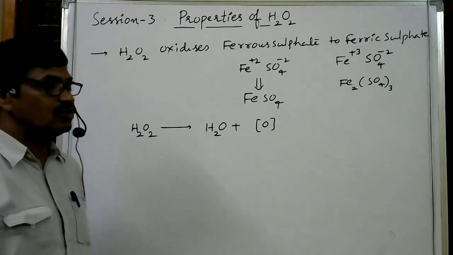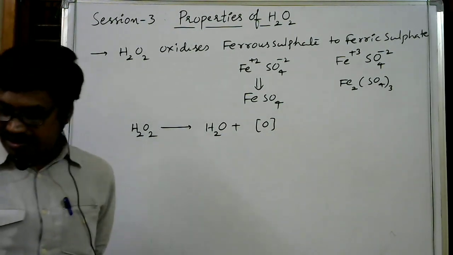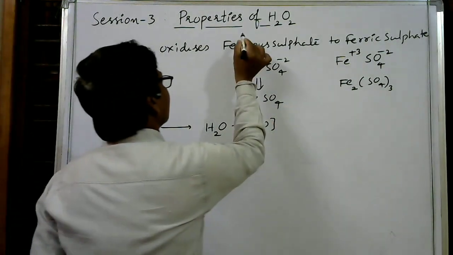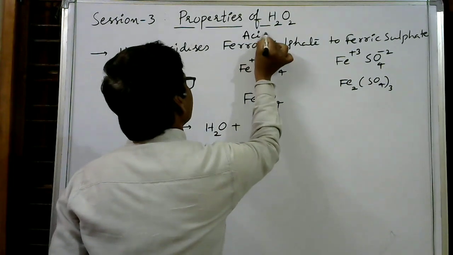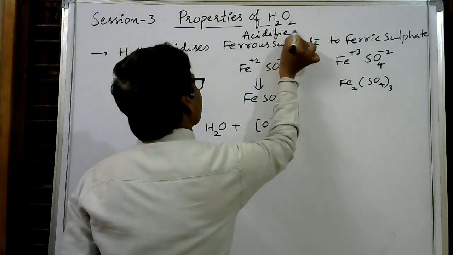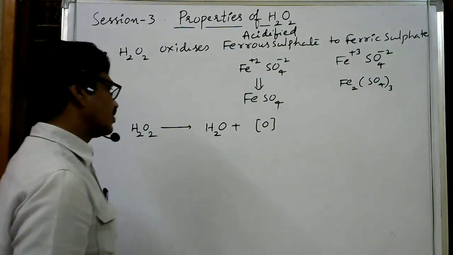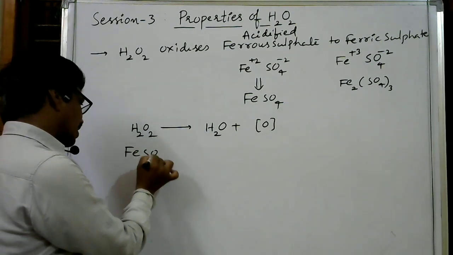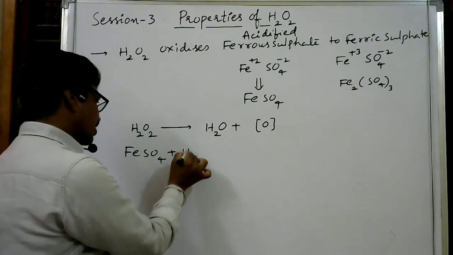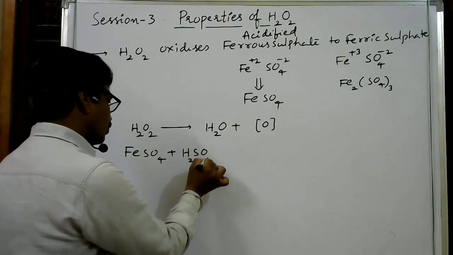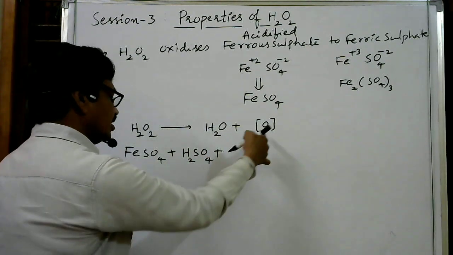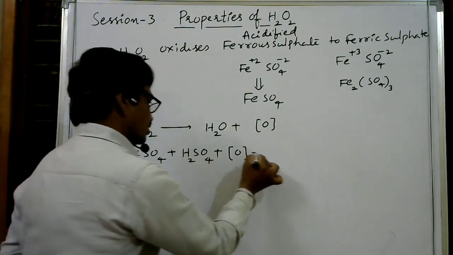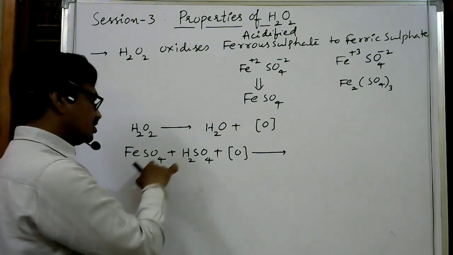So H2O2 oxidizes acidified ferrous sulfate to ferric sulfate. Here I am taking FeSO4 along with some sulfuric acid, H2SO4, and the produced nascent oxygen combines with this mixture.